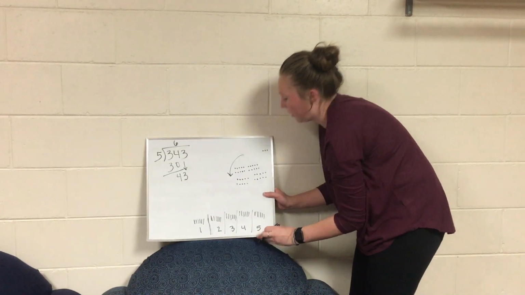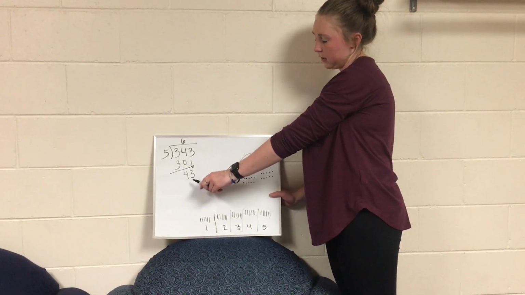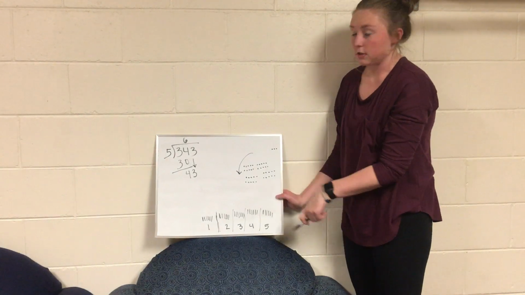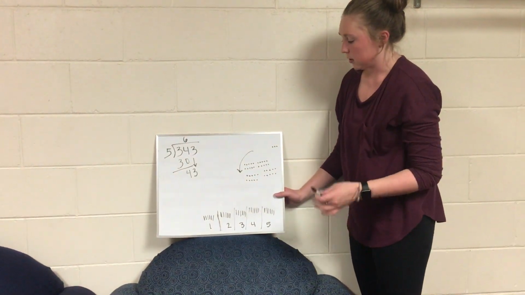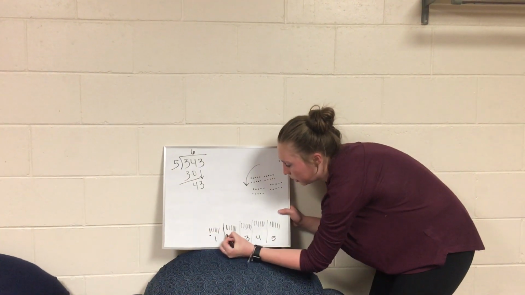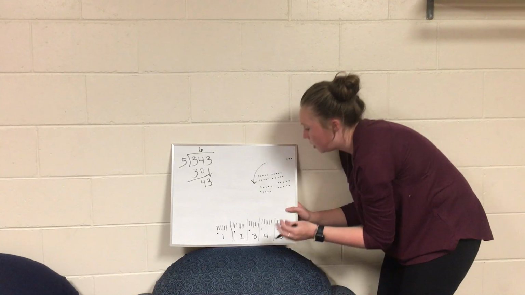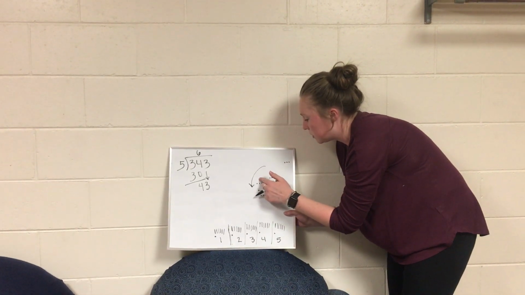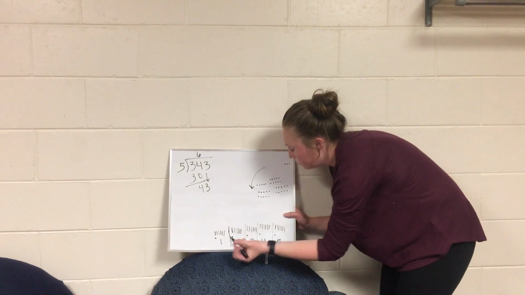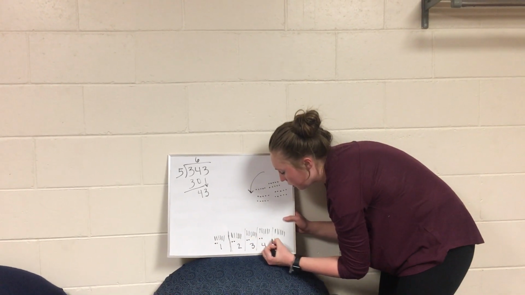Okay, so now we are left with 43 ones, as shown right here as well in our standard algorithm, that we need to split up into our 5 groups. So we're going to do the same thing that we did with our tens, starting with 1 one in each group. So 1, 2, 3, 4, 5. That means we just used 5 of them, so we can erase those. 1, 2, 3, 4, 5.